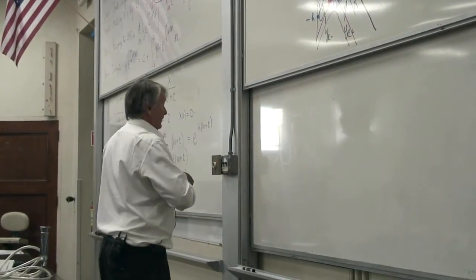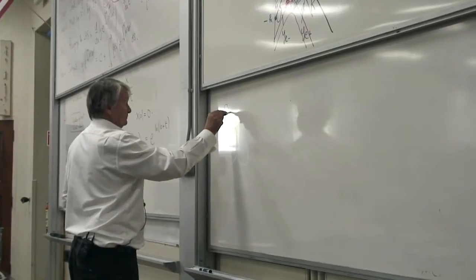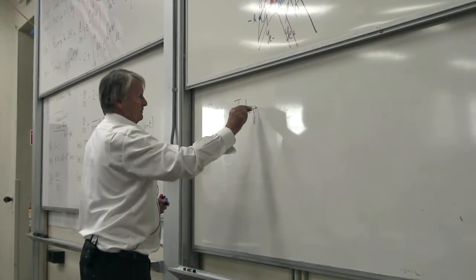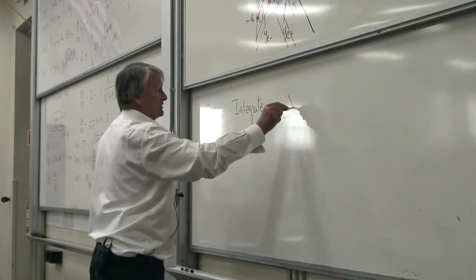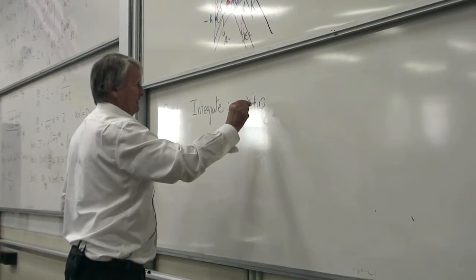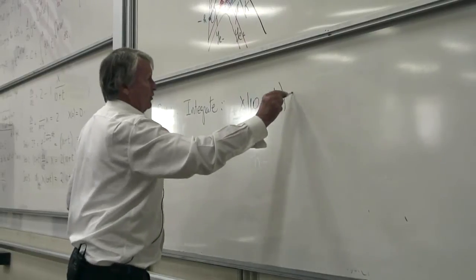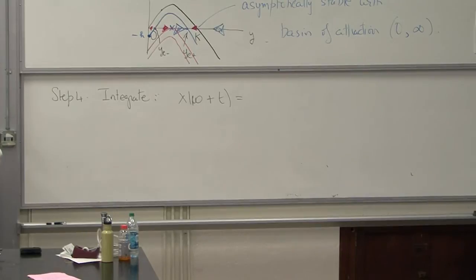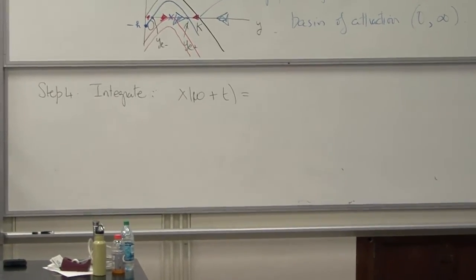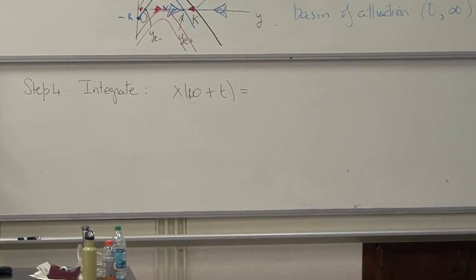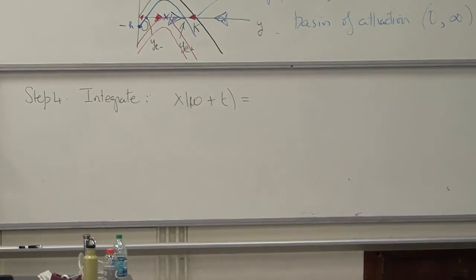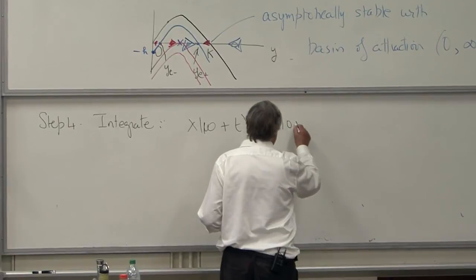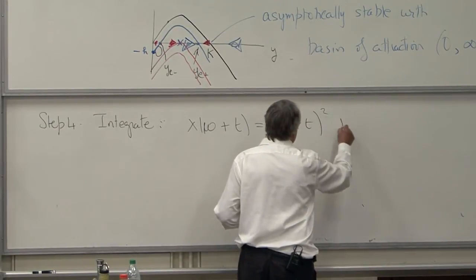Step 4, integrate. I get x times 10 plus t equals, now I can integrate this by taking these two things separately, but I'm just going to integrate the whole 10 plus t, which is 10 plus t all squared over 2. We're adding a free constant anyway, so it's just 10 plus t all squared plus a constant.